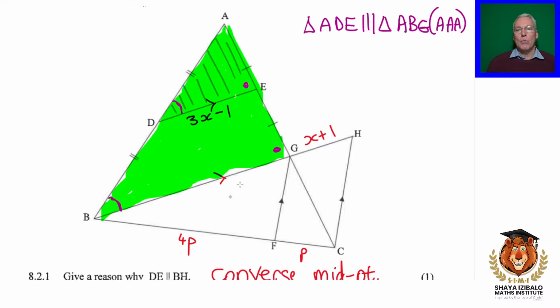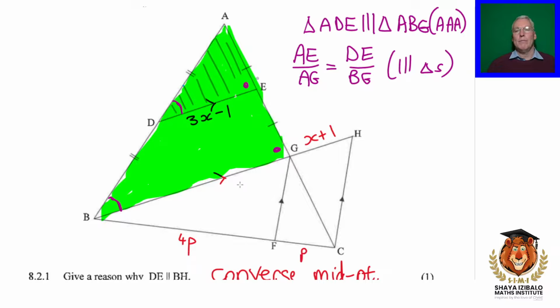Because of that, we know that AE to AG must be equal to DE as to BG. And that's because we've got similar triangles. But we know that AE to AG is 1:2.